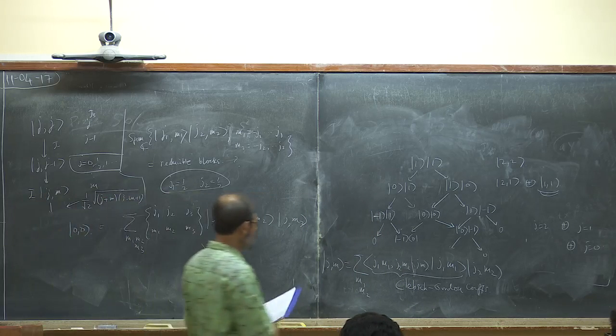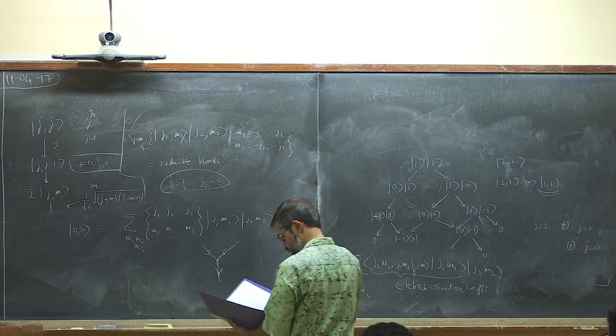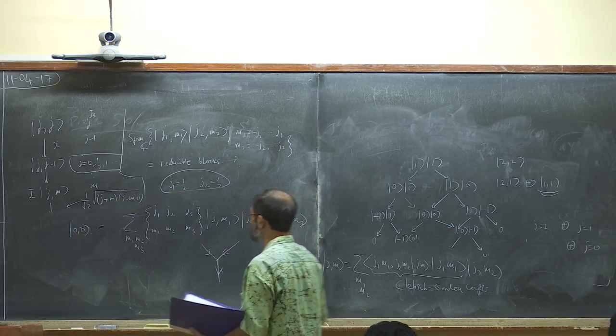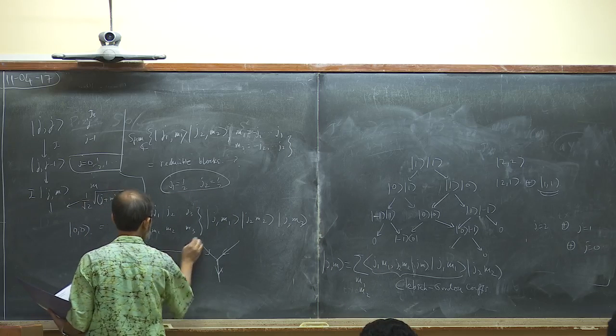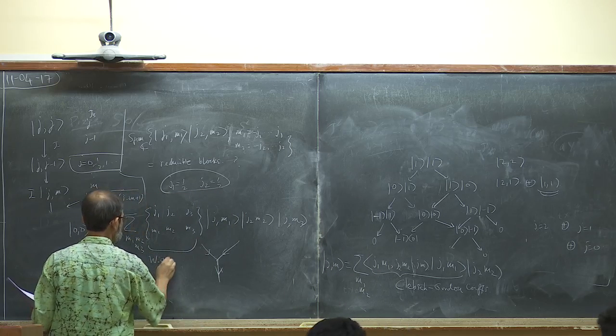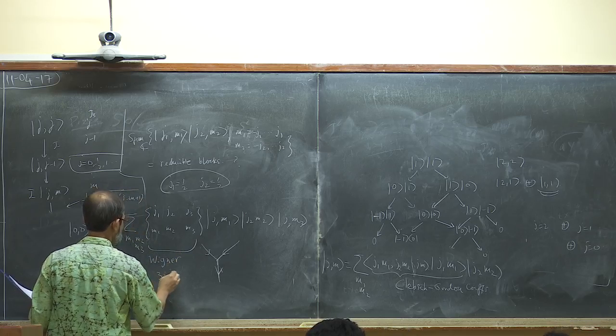So the Clebsch-Gordan is related to the Wigner 3J symbol.